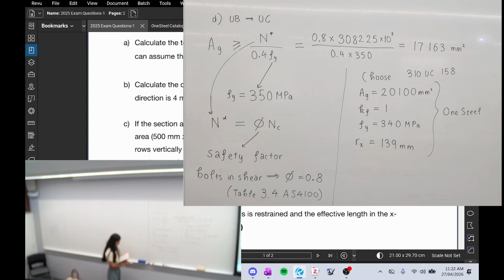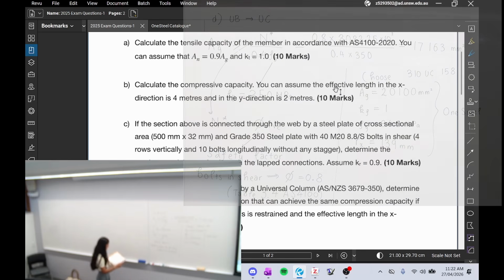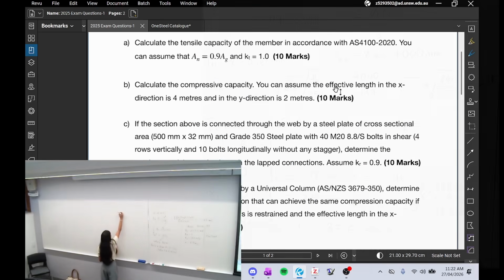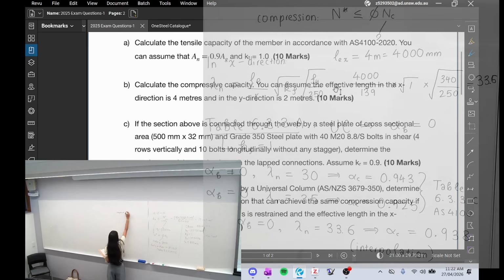Okay. So they've told you that the new section has to have the same compressive capacity. So we want to check this new section and just check that it's okay and it works for compression. What that means is we want to check this criteria.